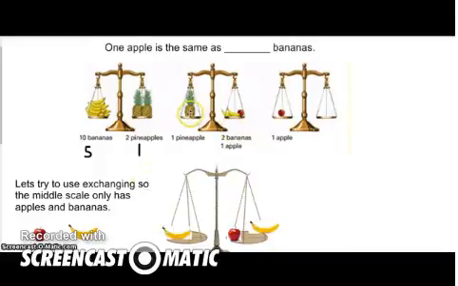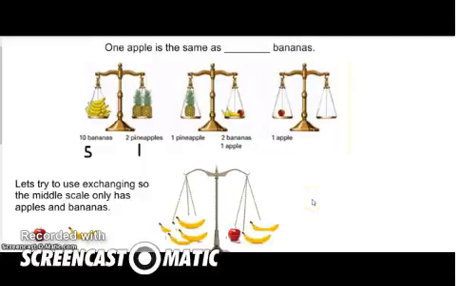I want to trade out my pineapple for 5 bananas. 1, 2, 3, 4, and 5. All right. And that was a fair exchange, because with the information from our first picture, we know that 5 bananas will also balance 1 pineapple. So I made that exchange. I took this pineapple off, and I replaced it with 5 bananas.